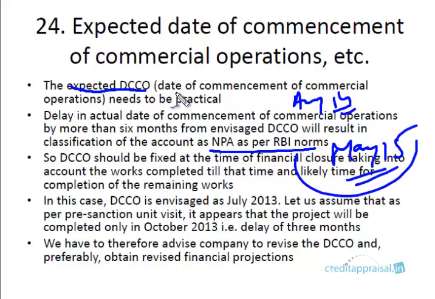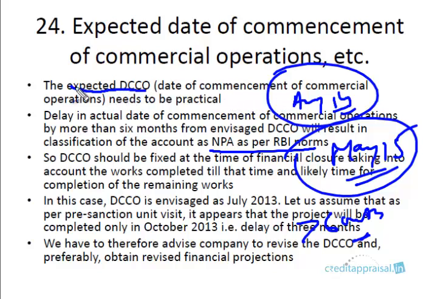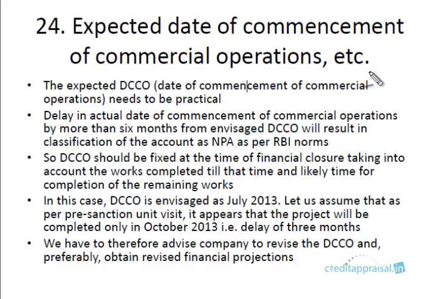As per RBI norms, if the actual DCCO is delayed more than 6 months from the envisaged DCCO, the project will be classified as NPA. Irrespective of whether the company is repaying the interest and installments promptly, that is immaterial. In spite of prompt repayment, if the actual DCCO is more than 6 months from the envisaged DCCO, this for non-infrastructure projects, by the way, it will be classified as NPA.